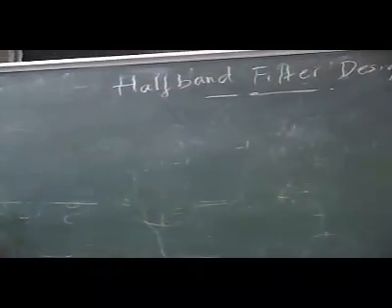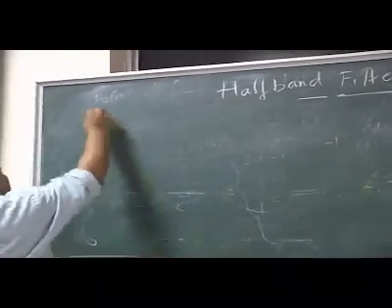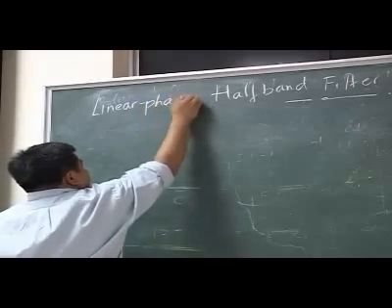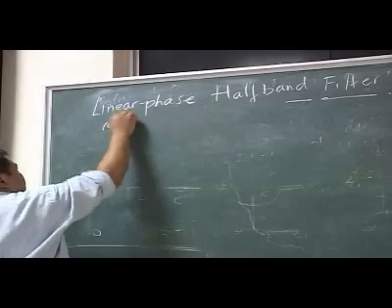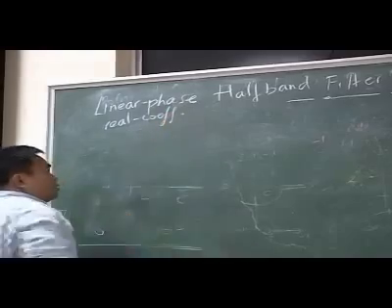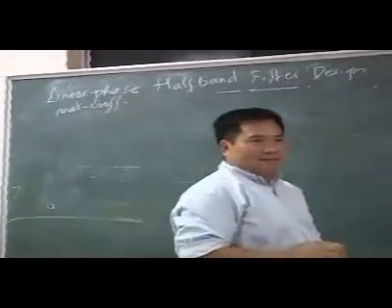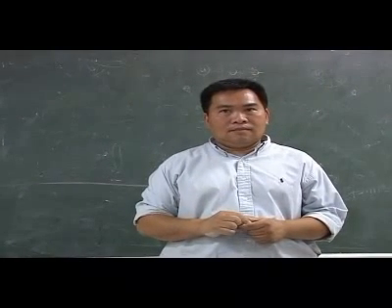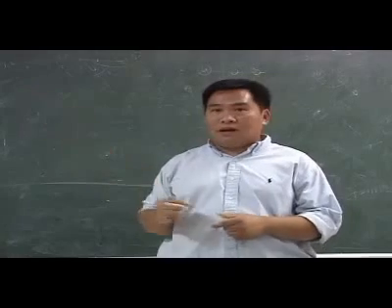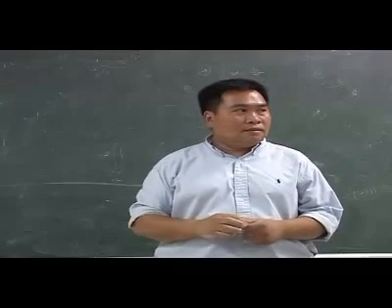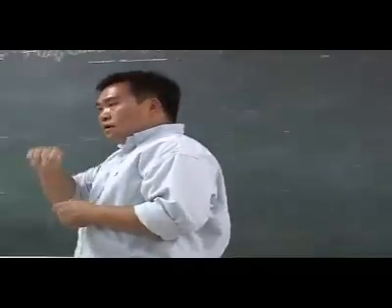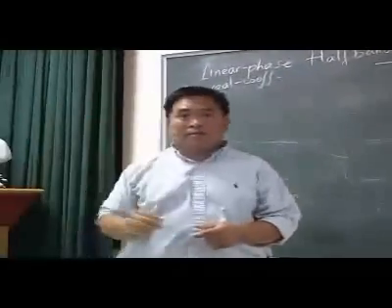So you want to narrow down the scope of the design. That's good. So let's design a linear phase half band filter with real coefficient. Good. How do we start that? Yeah, that's symmetric. How do I find it? How do I characterize a half band filter? How do I know that it's a half band filter?